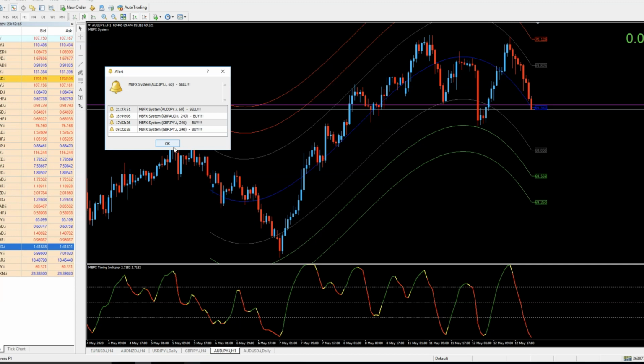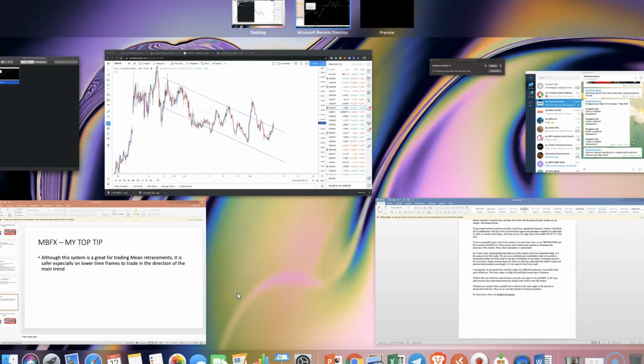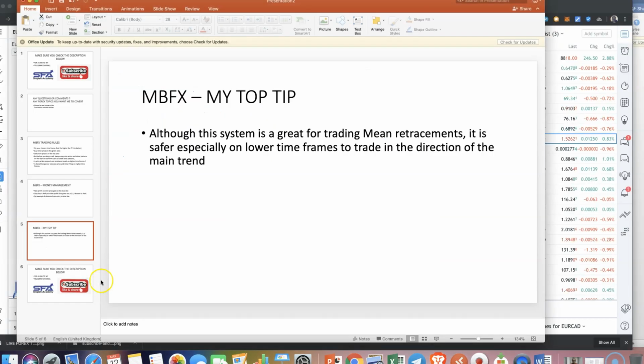As you can see, I haven't got any GBP AUD open, but it still gives you the signal to buy or to sell. Just have a note of this. We'll have a look at it later, but first let's go to the rules, which I have put in a PowerPoint, and we can just go through them.